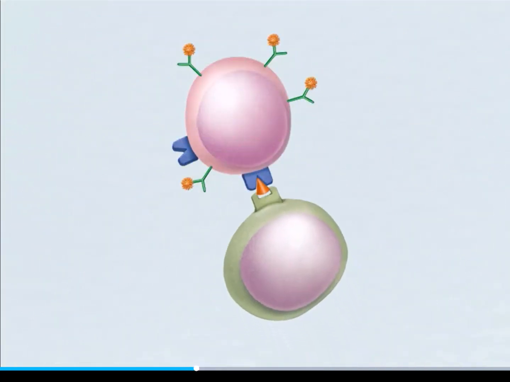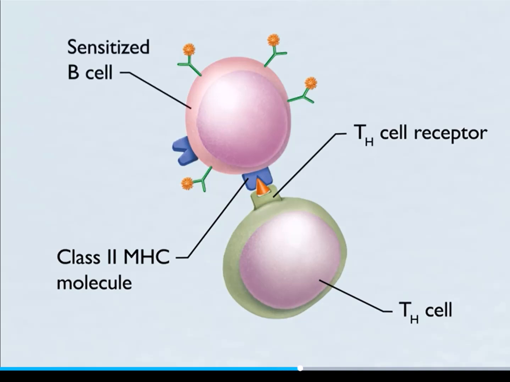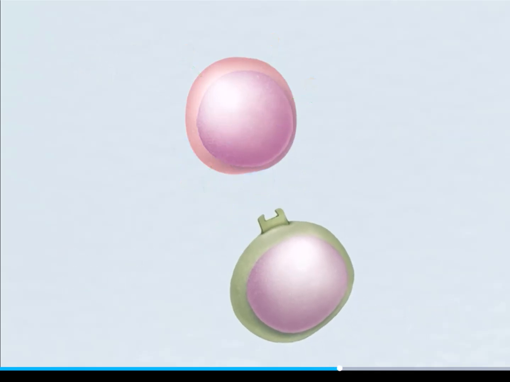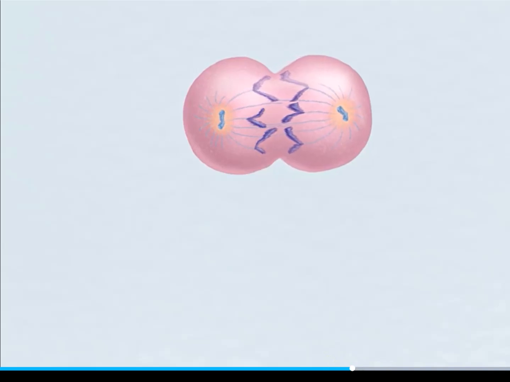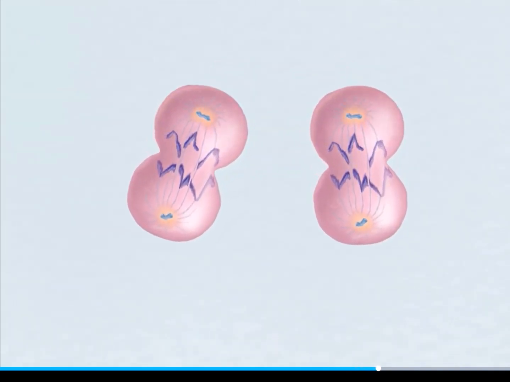As we learned earlier, helper T cells can recognize antigens bound to class 2 MHC molecules via their T cell receptors. When an effector helper T cell recognizes the class 2 MHC antigen complex presented by the sensitized B cell, it secretes cytokines that cause the B cell to become fully activated. Once activated, the B cell undergoes proliferation by dividing repeatedly.